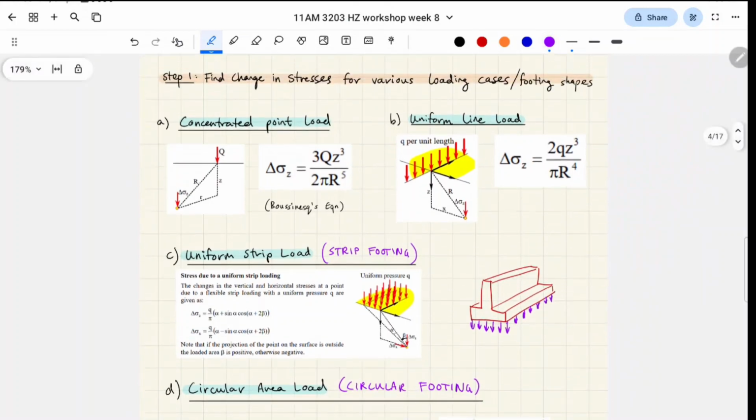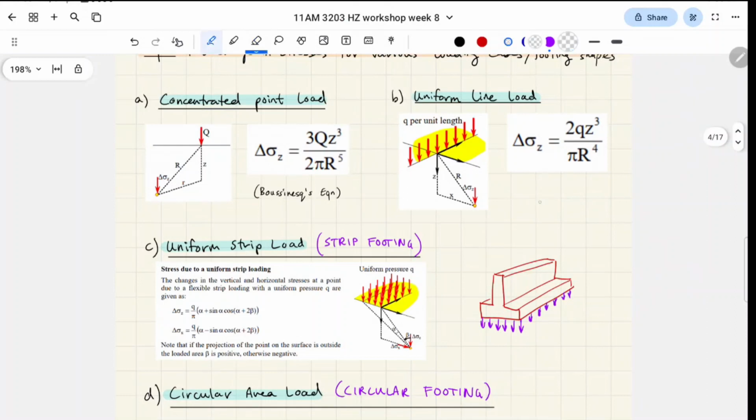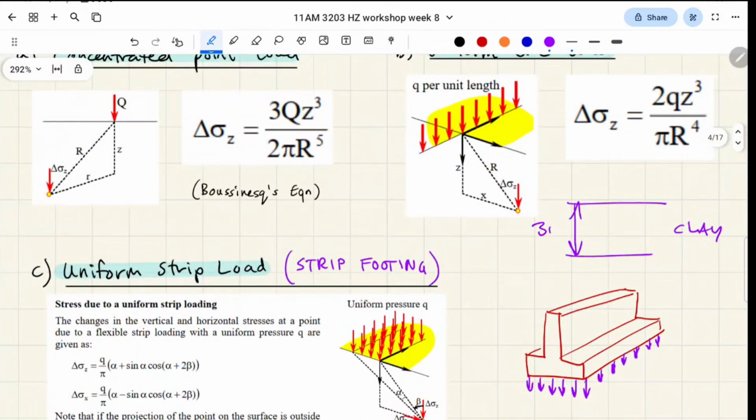Actually, what I should probably do is tell you the context of how they do this. So say you have a soil layer of clay that's 3 meters, for example. They have to sample the soil and get its properties halfway through this layer, okay? 1.5 meters down.